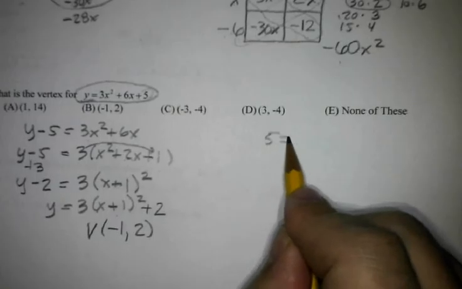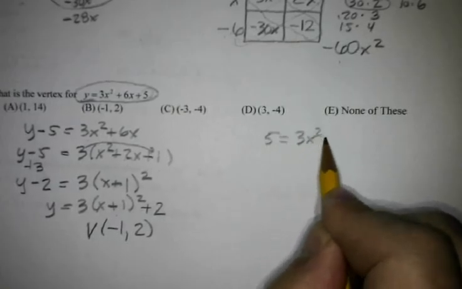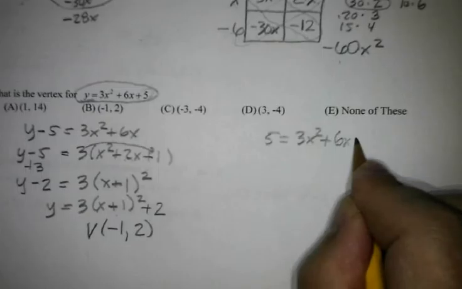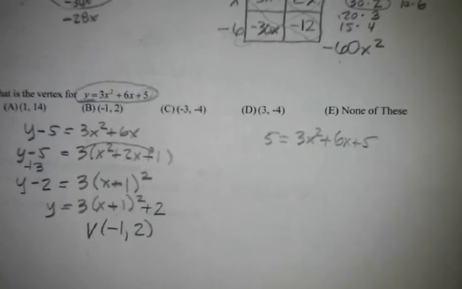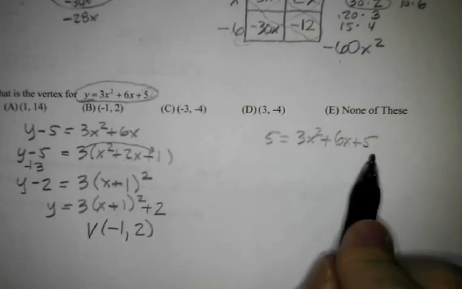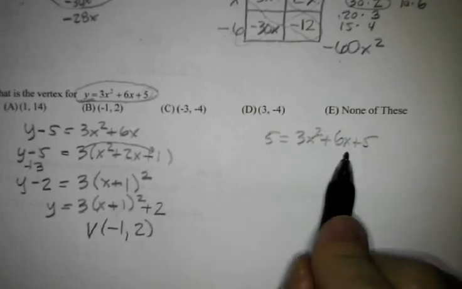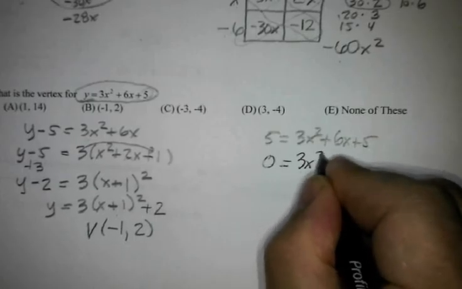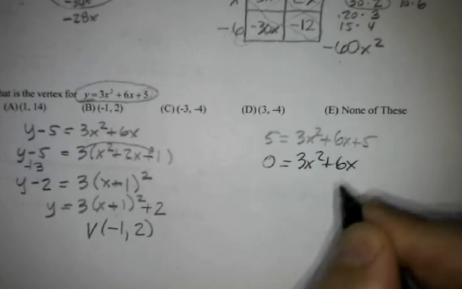So 5 equals 3x squared plus 6x plus 5. We changed to a dark pen because it's kind of hard to see the pencil. So I just set it equal with 5s. Subtract 5 from both sides. I get 0 equals 3x squared plus 6x.